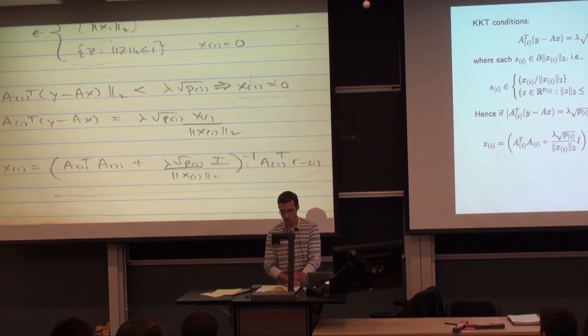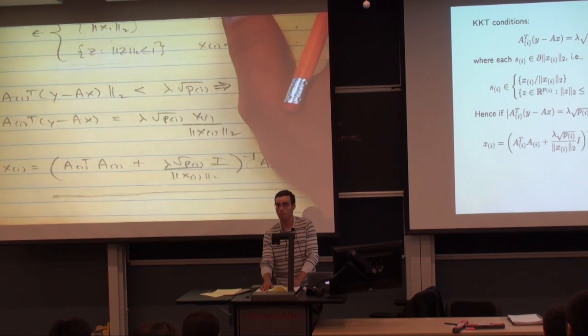What could I do? Well, at the previous iteration, if I had some xi, I could look if this condition held. If it held, I'd zero out the group. If it didn't hold, I'd take the next update for xi to be equal to this. And I just would repeat that over and over again. And that's actually the first algorithm that was proposed for the group lasso. And it works pretty well. This came from looking at the KKT conditions and going right from there.